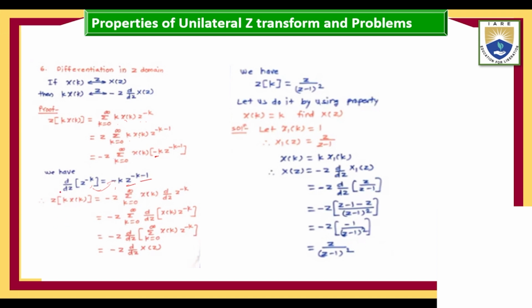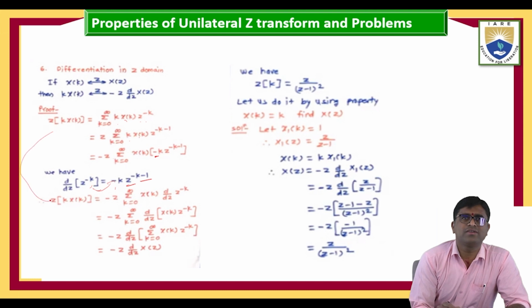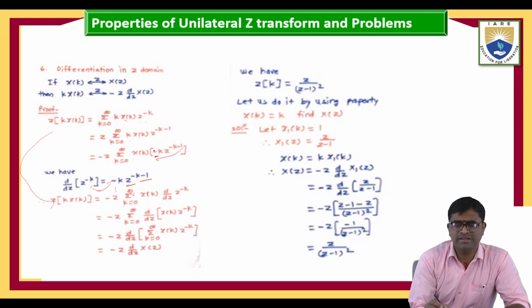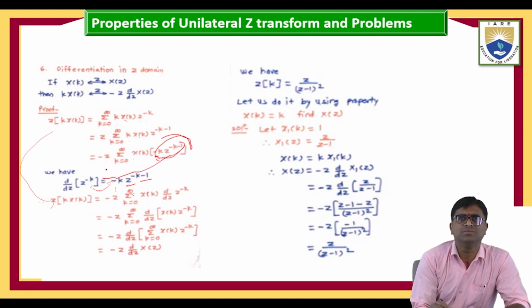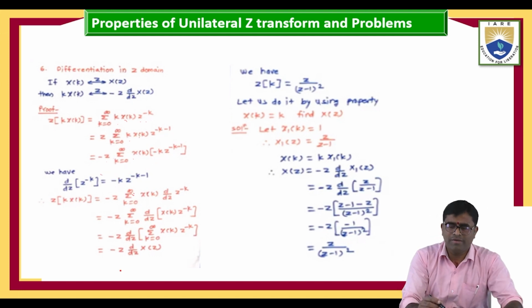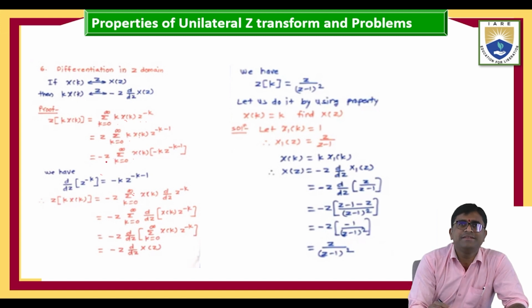So z into the sum of x(k) z power minus k minus 1 equals minus z into the sum from k equals 0 to infinity of x(k) into minus k z power of minus k minus 1.